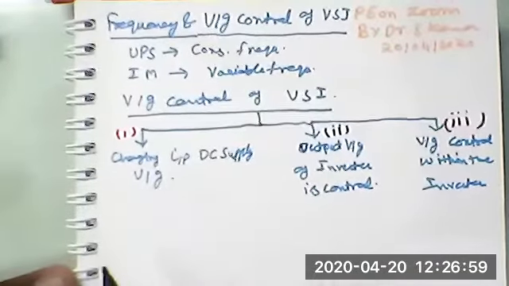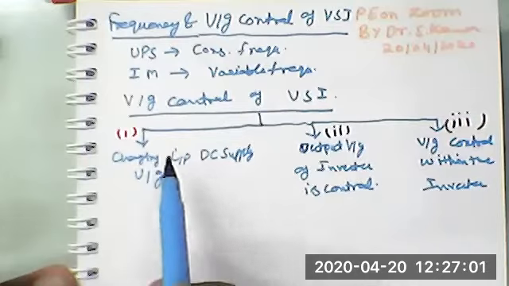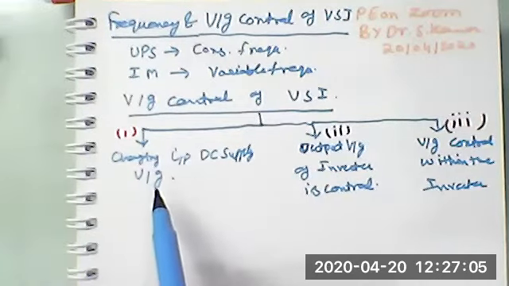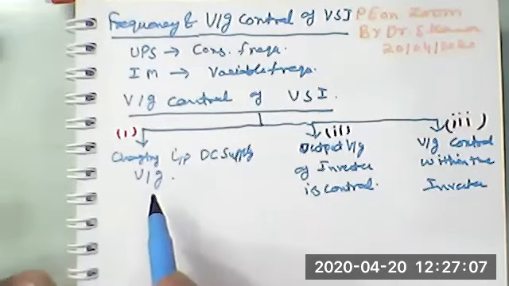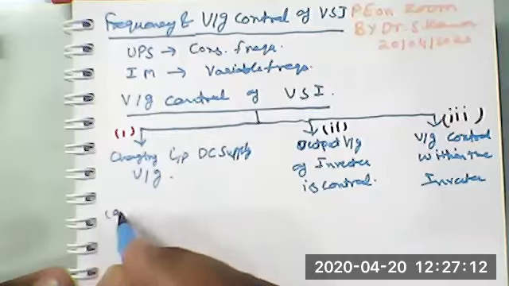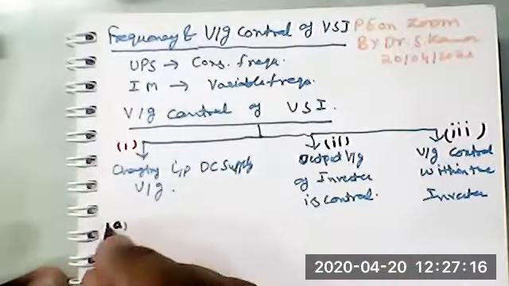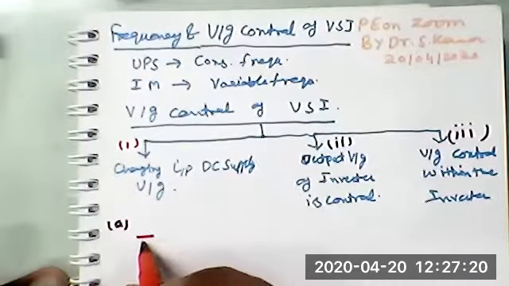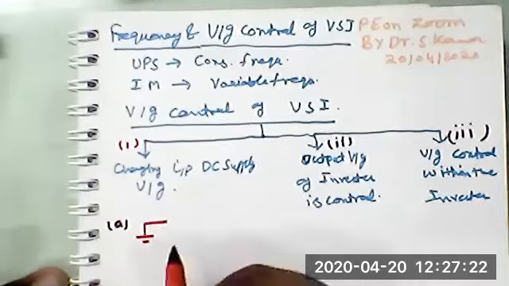Okay, now the first case, input DC supply voltage is to be changed. How can we do this? Let me write in red pen so that it is clear. Let us say in the first case, you have fixed DC voltage.